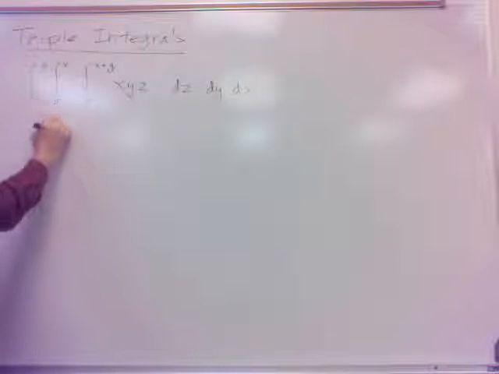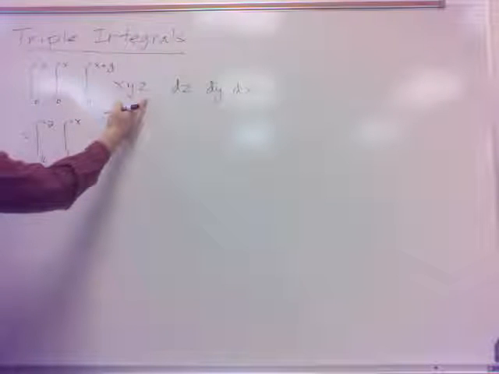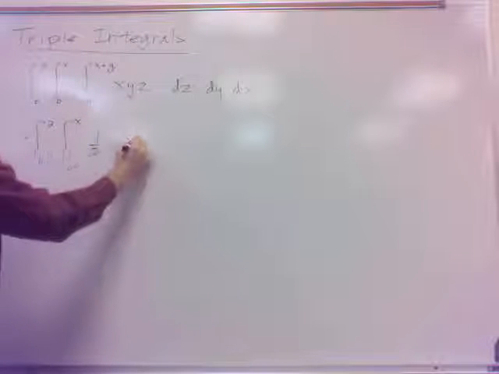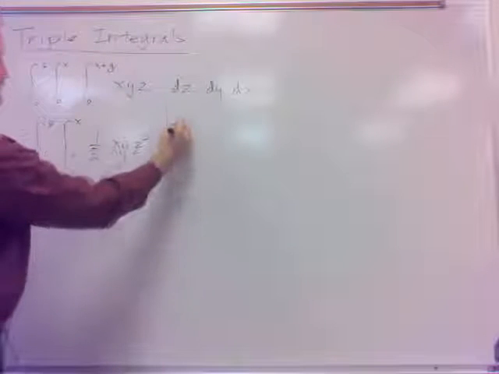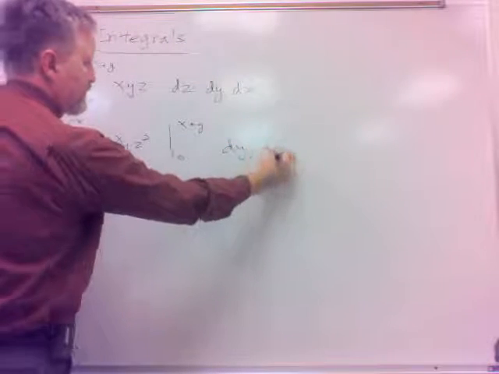So this would be the integral 0 to 2, 0 to x. Z's constant, so that'd be 1/2 xy z squared, at least what we get there.